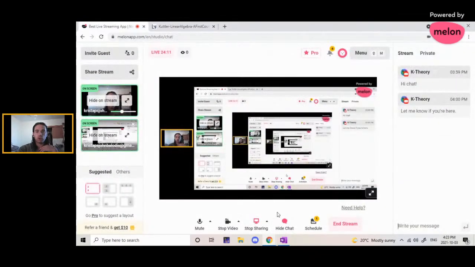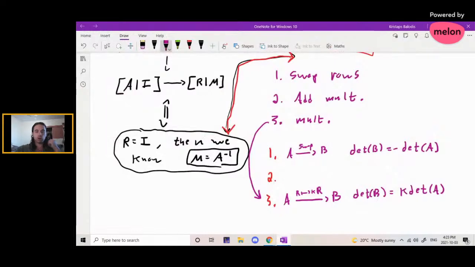So if we take some row, let's call it row dot, becoming row dot plus k times another row, double dot, then the determinants of these 2 matrices are the same.